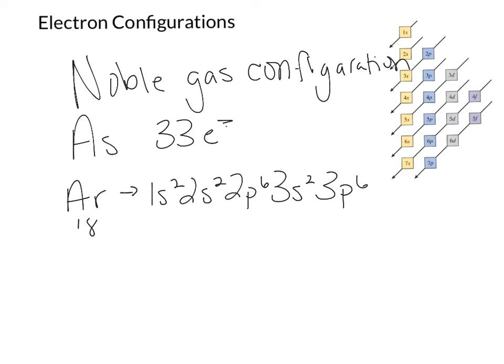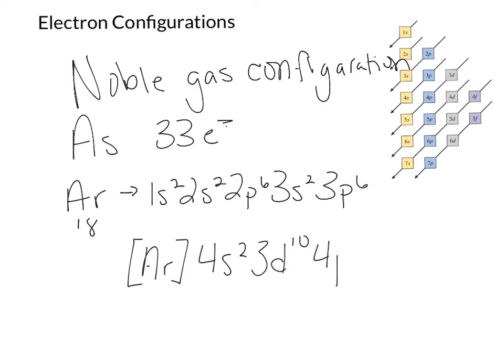So instead of rewriting all of this and applying it to arsenic, what we can do is just write argon in square brackets and then continue from argon to get to our arsenic. So if we stop at 3p6, then our next subshell that we'll fill will be 4s2, 3d10, 4p3.